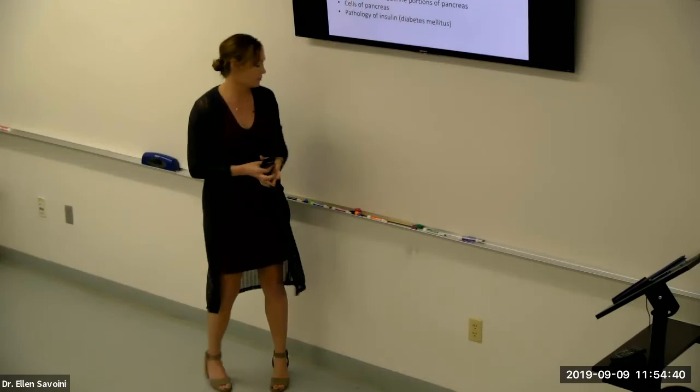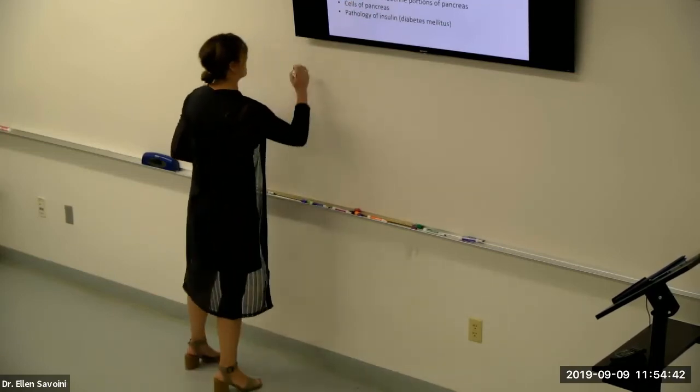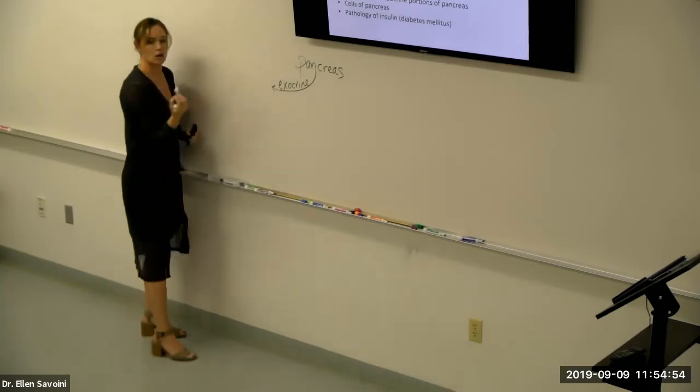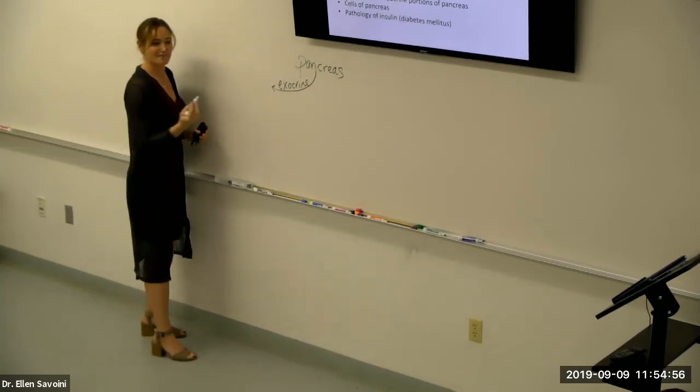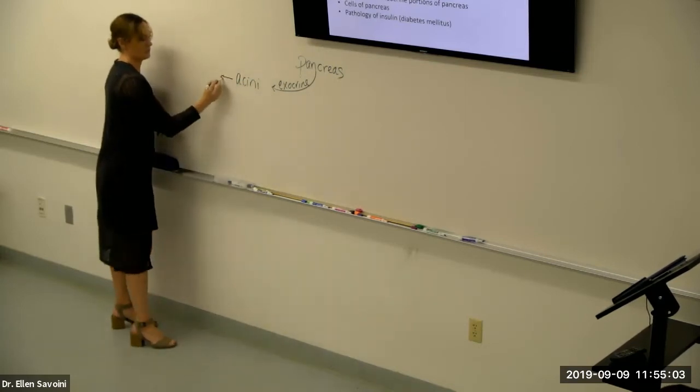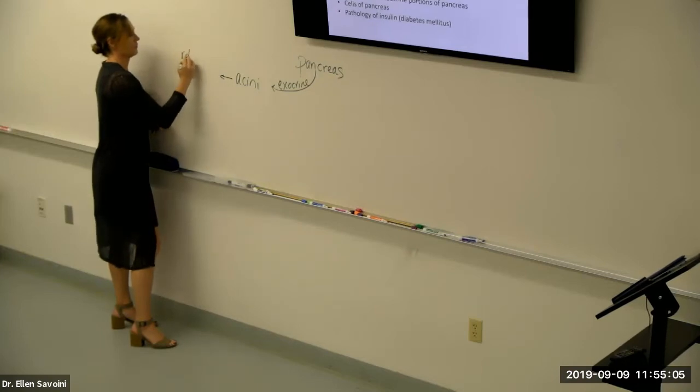The exocrine portion, so if we have the pancreas here, the exocrine portion of the pancreas is called what? Acinini, that's right. And what does it do? Release digestive enzymes.